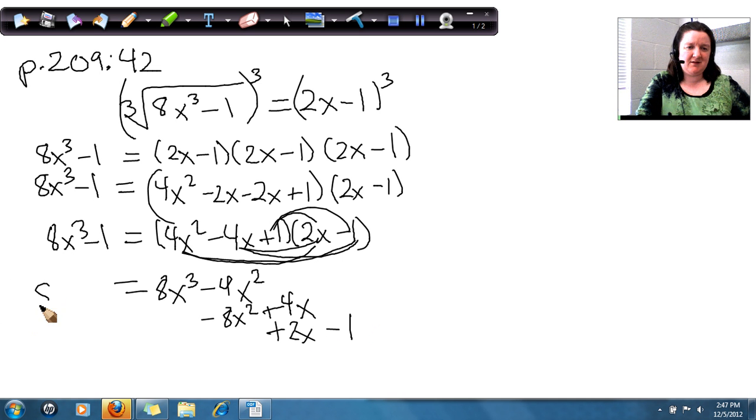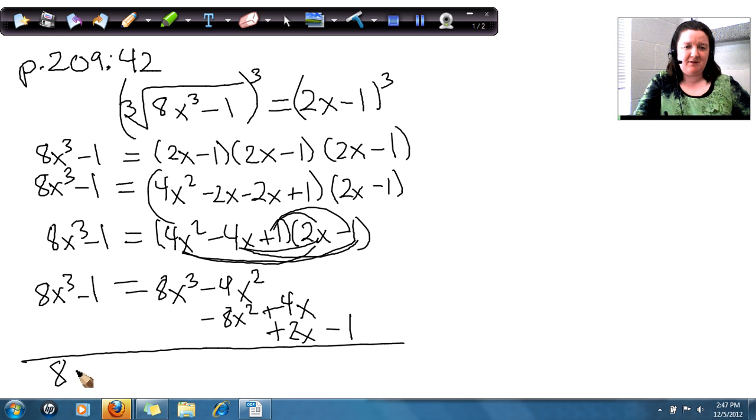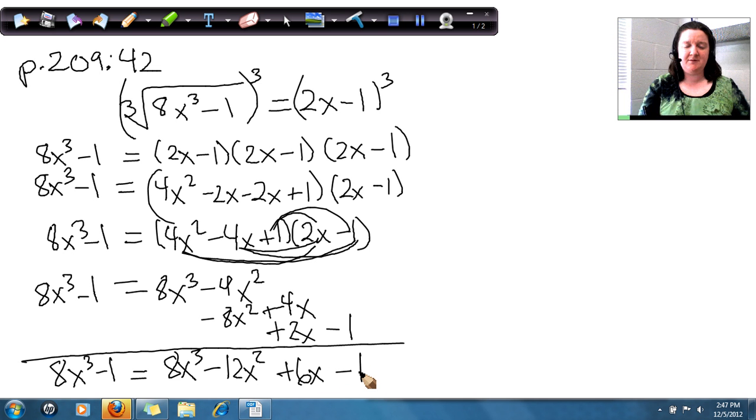So let's look at all the terms that I have so far. I have 8x to the third minus 1 equals 8x to the third minus 12x squared plus 6x minus 1.